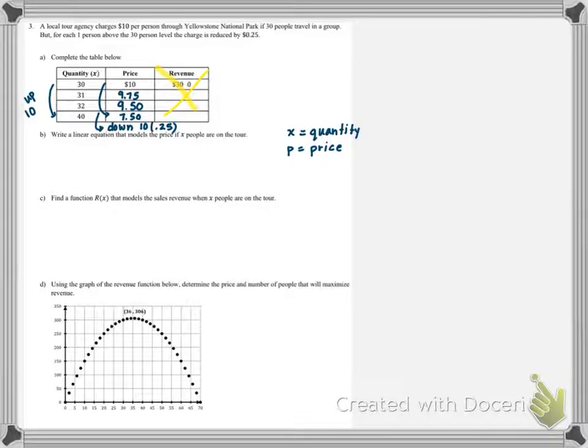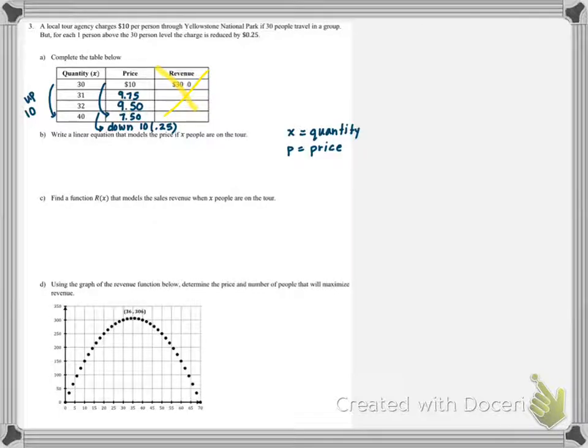One good tip about all of these problems is to never use the variable y, only because if you use y here, then we get to this graph and we start thinking that the y value of this graph represents something different than what it represents. So if I have to make up a variable, I just don't use y because it could turn out that that's not actually the y coordinate on my graph. So I'm just going to use p.